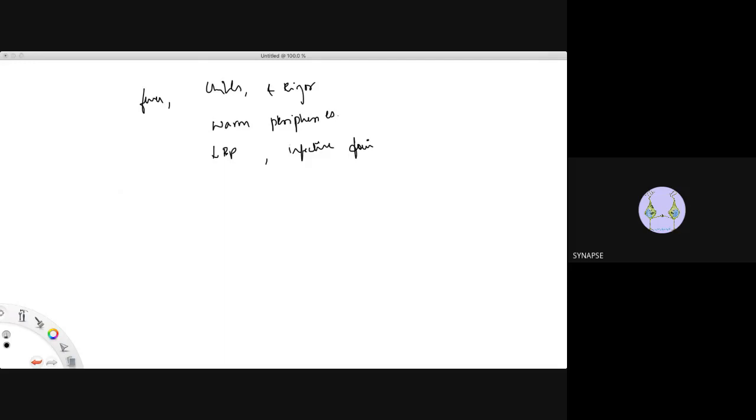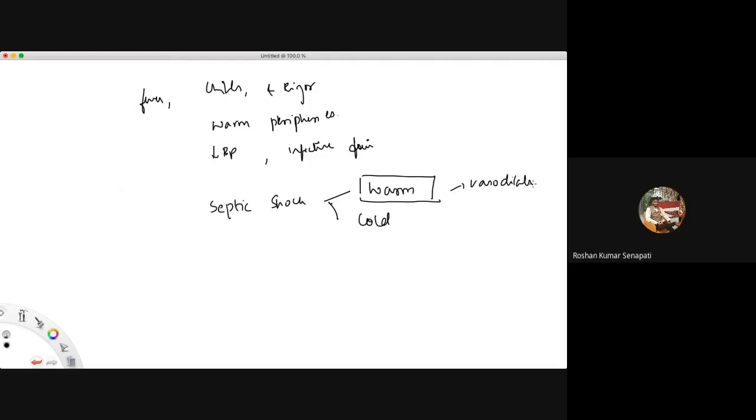Now, septic shock has two phases: the warm phase and the cold phase. Warm is what we studied, where your peripheries are warm because of vasodilatation. Next, the cold phase: once the infection is overwhelming and has taken over your whole system, the endotoxin will act on the heart, so the heart will no more function.